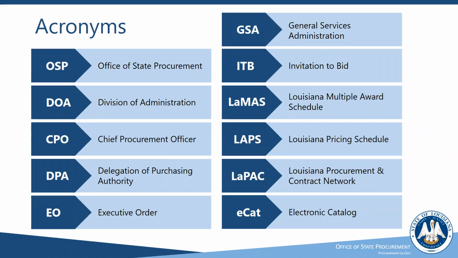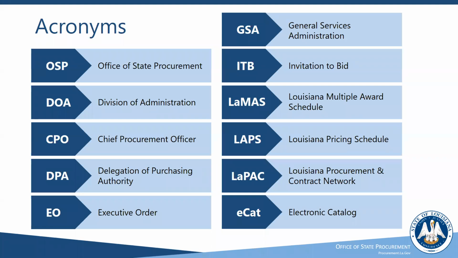So just to touch on a few, you'll hear us talk about OSP, which of course is our Office of State Procurement. We'll talk about DOA, which is the Division of Administration. The Chief Procurement Officer, as we refer to as the CPO. DPAs, which is the Delegation of Purchasing Authority.